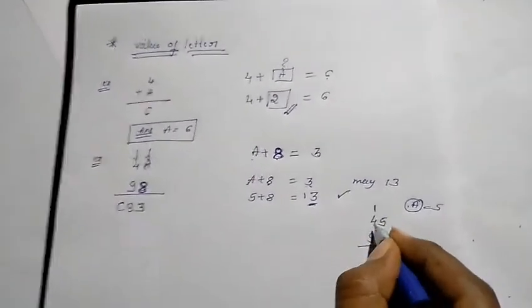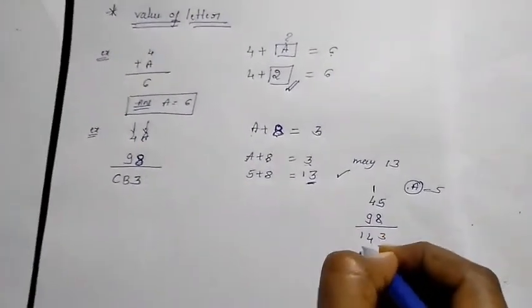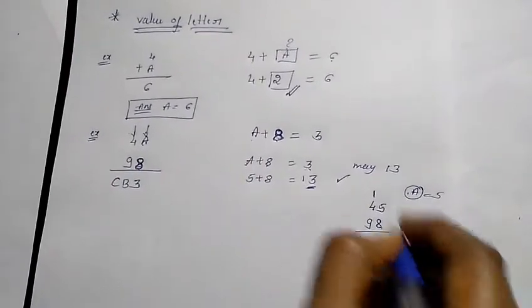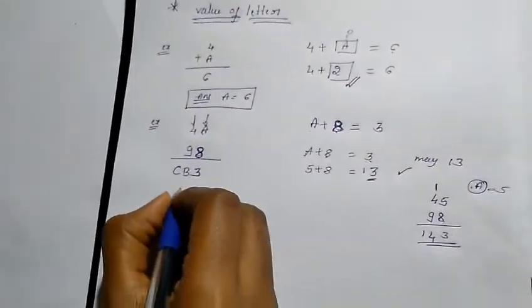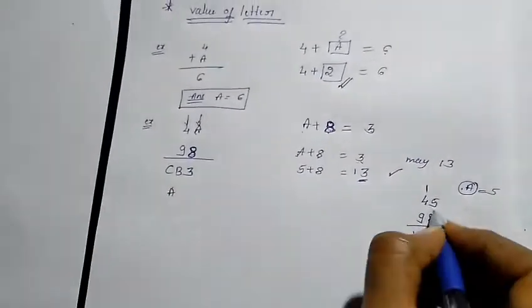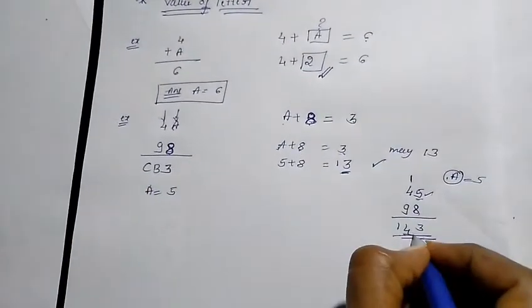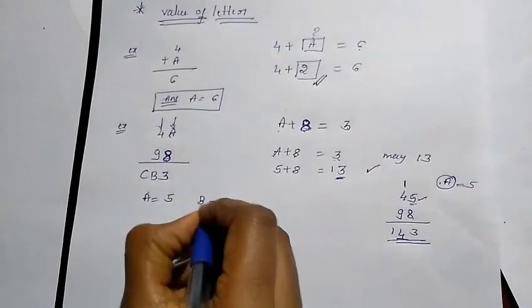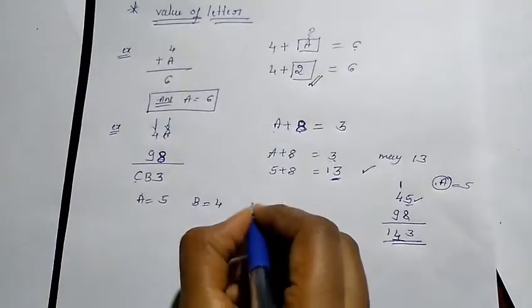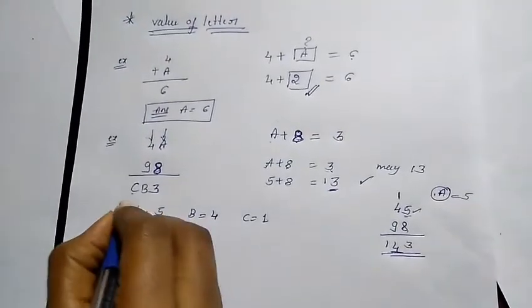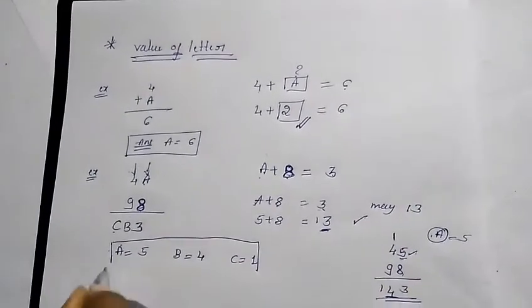So 9 plus 1 is 10, plus 4 is 14. Is it possible to write this equation? Yes. So A equal to 5, in place of B, B equal to 4, and in place of C, C equal to 1. This is our final answer.